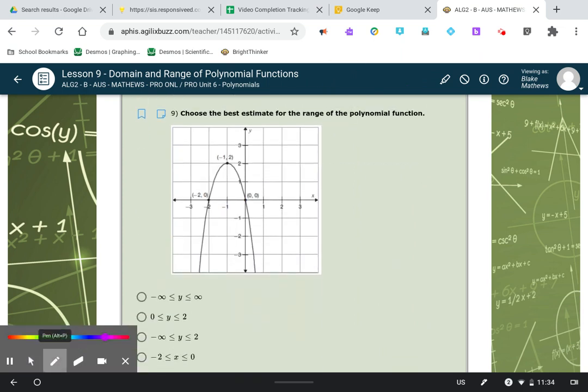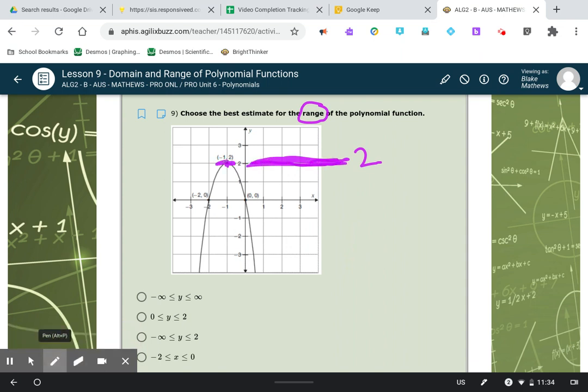Now it's when we get to the range that we have to use some common sense, but it's really not too difficult. So remember, the range is asking the question how far the graph goes up and down. Well, we can see that our graph does not go past this point, which is 2. It goes up to 2, but it doesn't go beyond that spot on the graph right here.